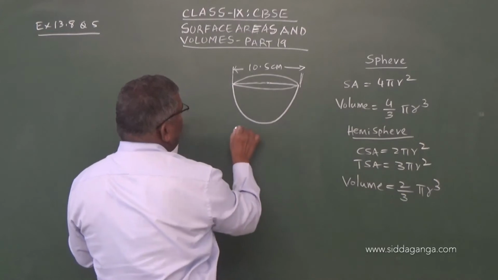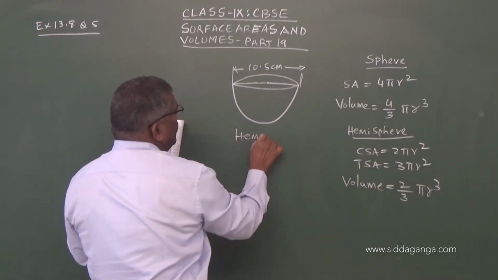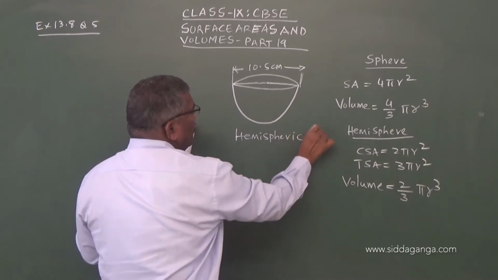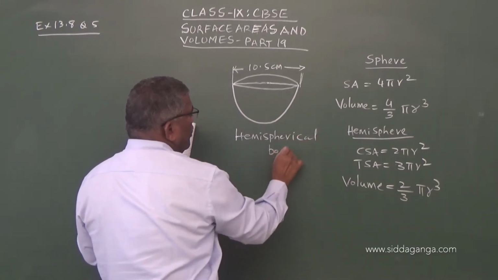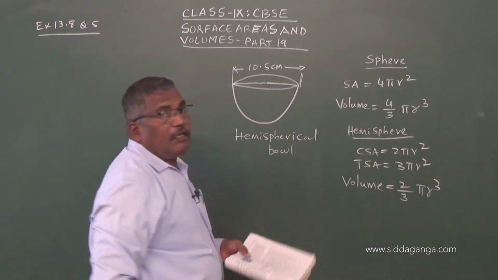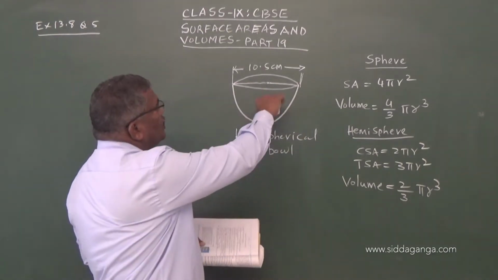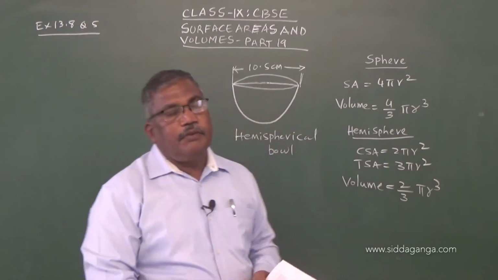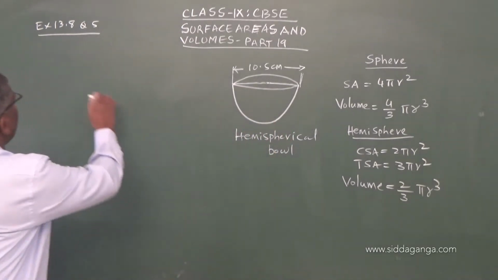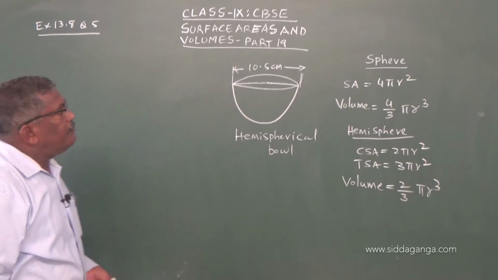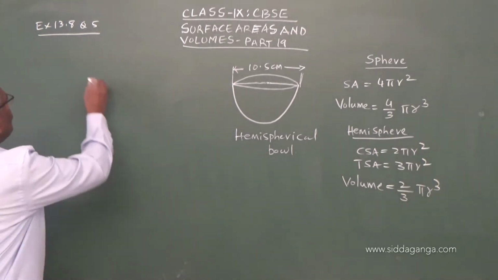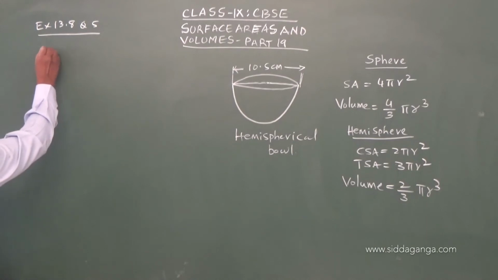This is a hemispherical bowl. So how much milk can it hold? That is the question. So we have to calculate the capacity, and capacity means the volume of the bowl.